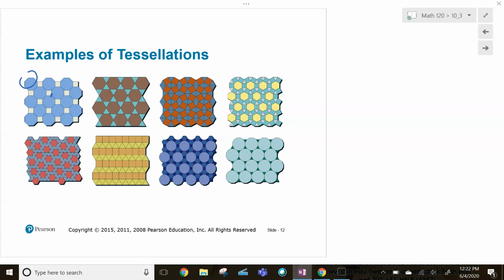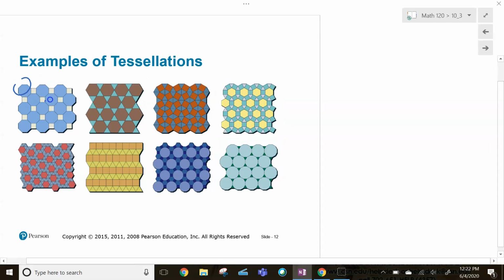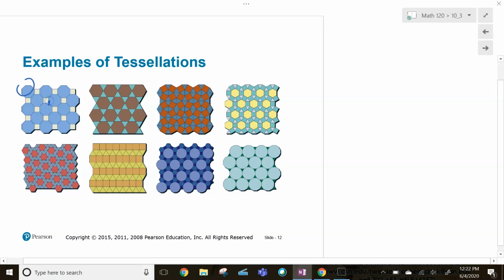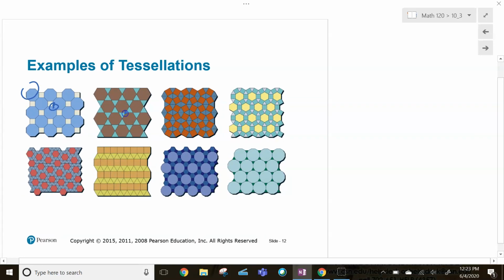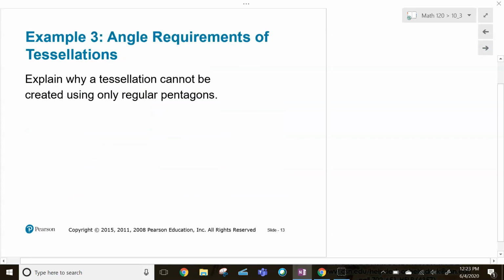They meet right there. That's 360 degrees. There's no gap there, right? Here they meet on this other one where we've got a hexagon with a triangle. Again, they meet and it covers 360 degrees. There's no gap there. So let's think about this for a minute.